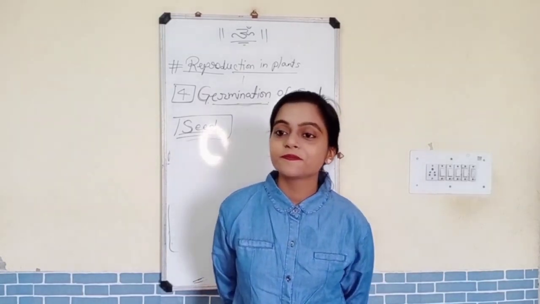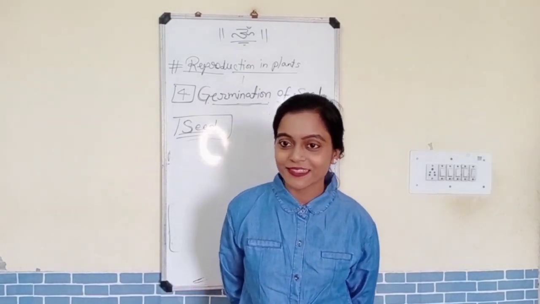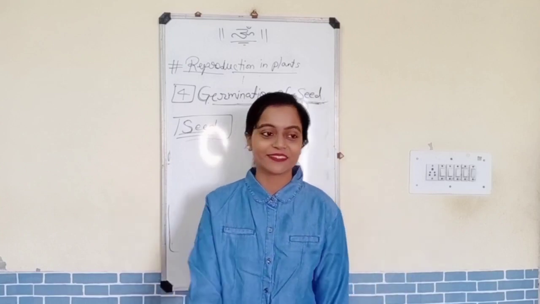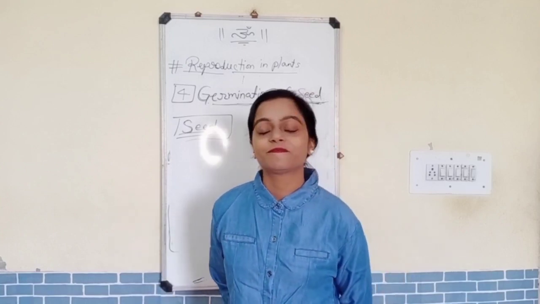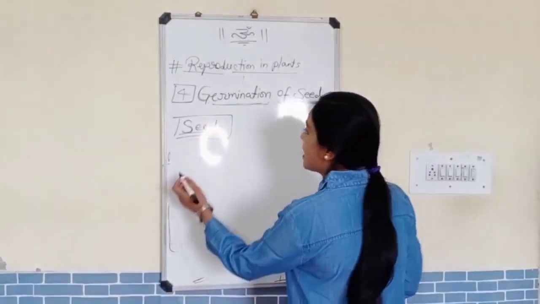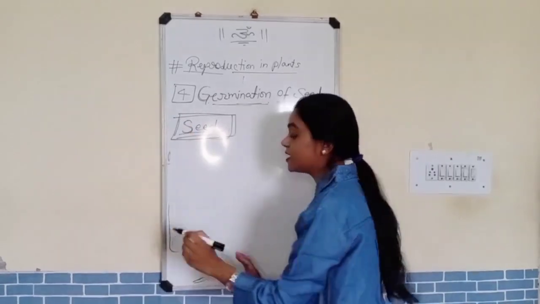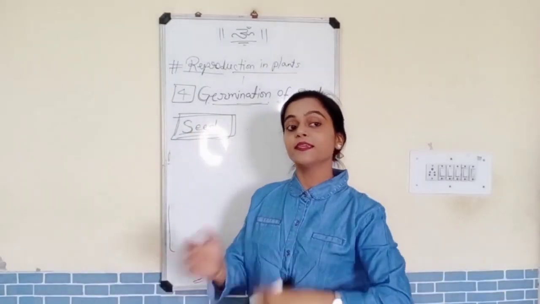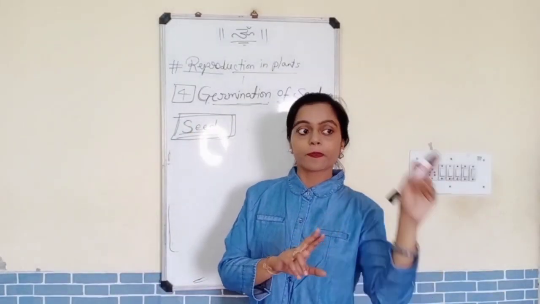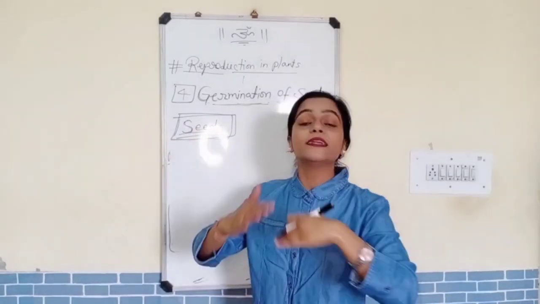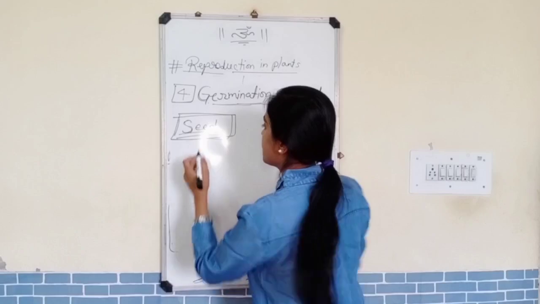Yes? Okay. There is a seed in every fruit. Good answer. Sit down. I am telling you that seeds are the initiation of making a new plant. I mean to say that by the seed a new plant is formed.